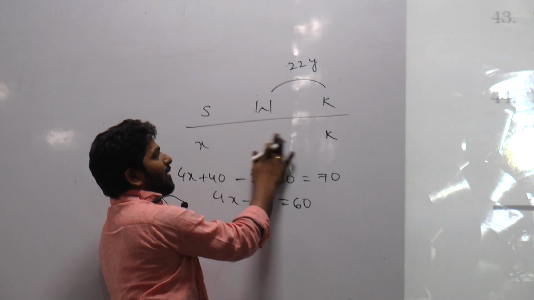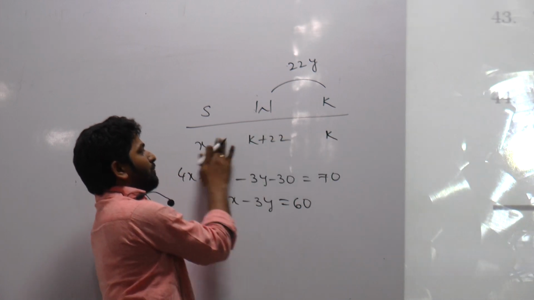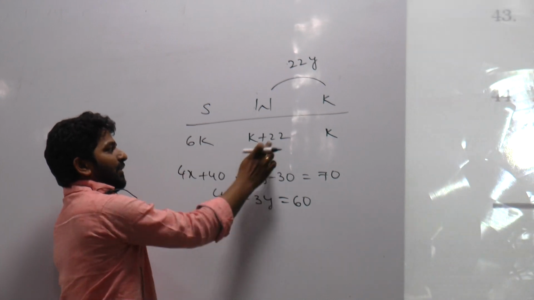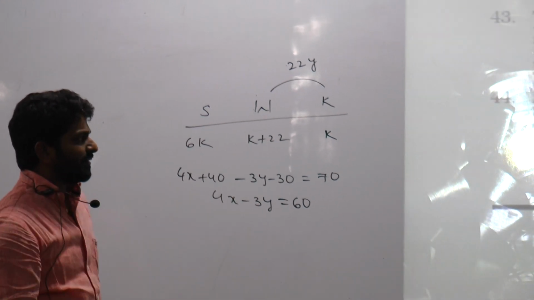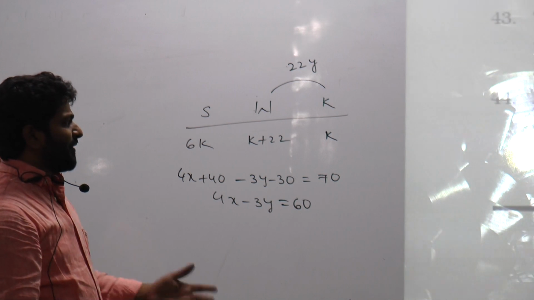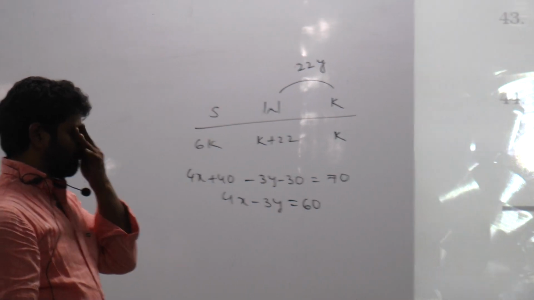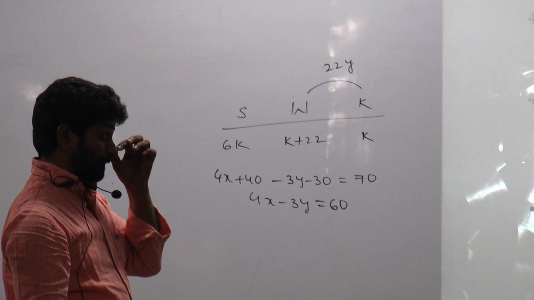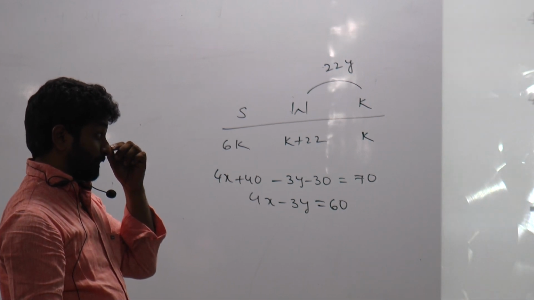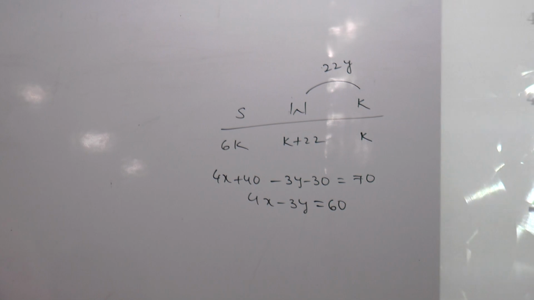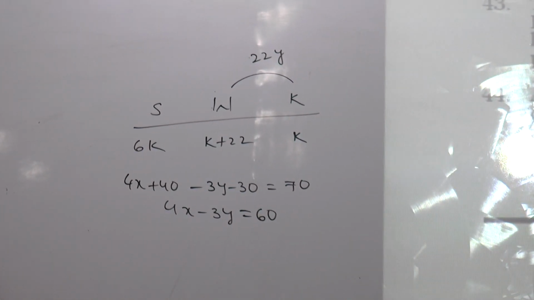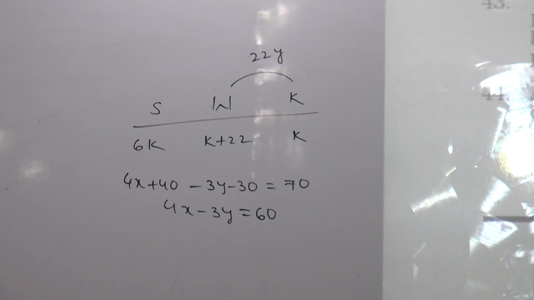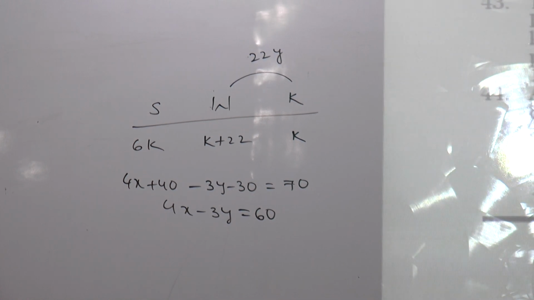Let me write it as Kia. Kia plus 22, 6k. Not possible, right? 6 times that of Kia's age. Okay, difference is not given.